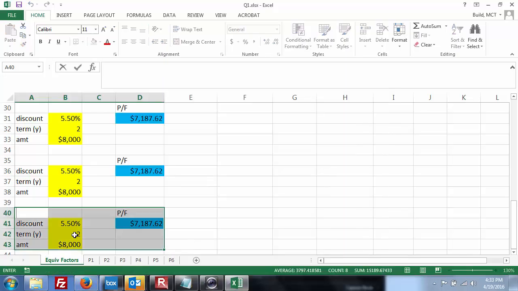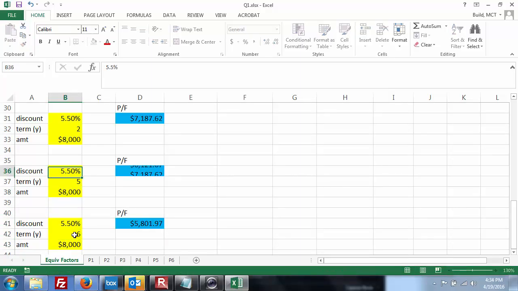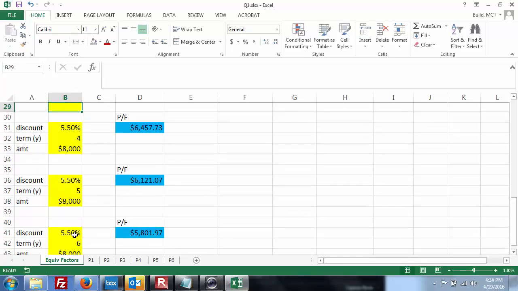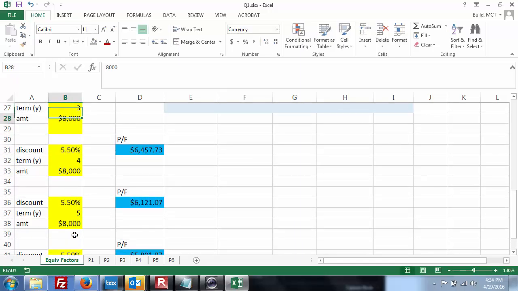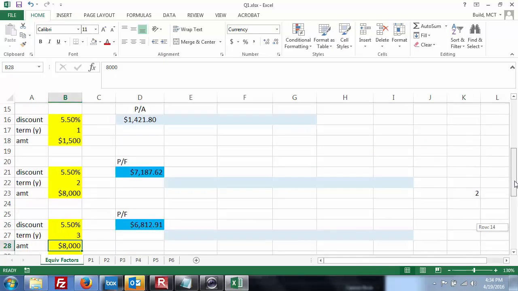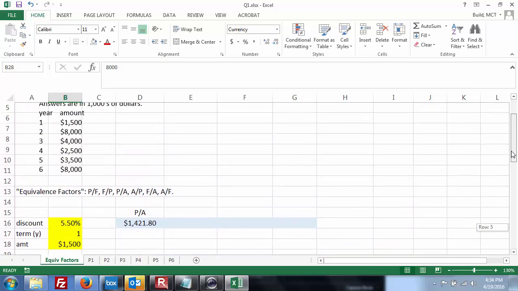And we know that each one is, so here's 6, here's 5, here's 4, here's 3. And now it's just a matter of going up and seeing what those values were. So the 3-year was 4,000.